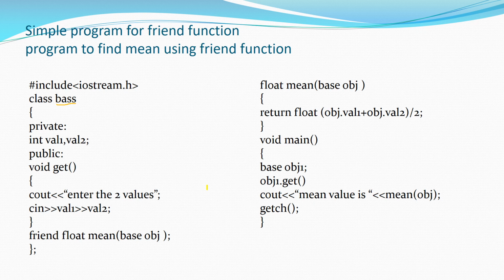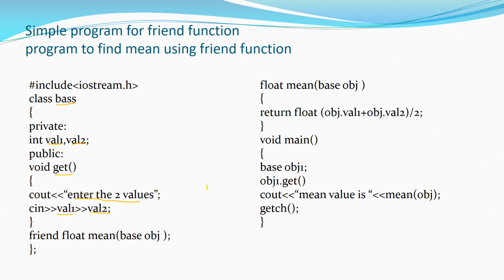In that I have two data members in the private part, value1 and value2. I have also created one member function called get, in which I ask to enter the two values, and I accept value1 and value2.